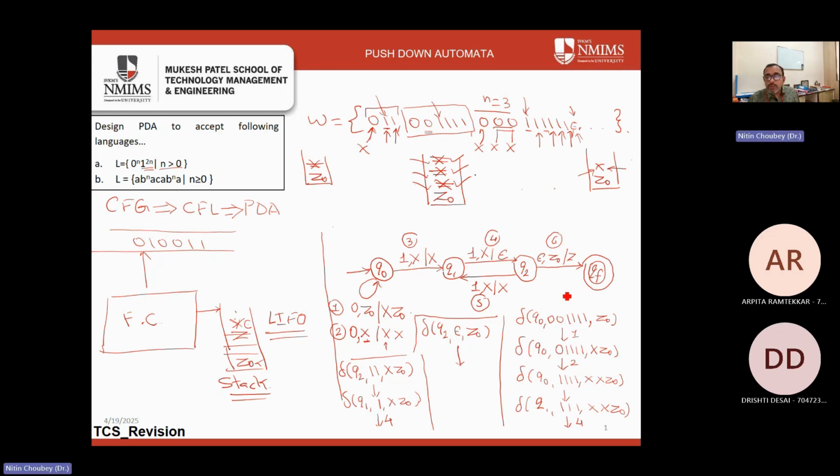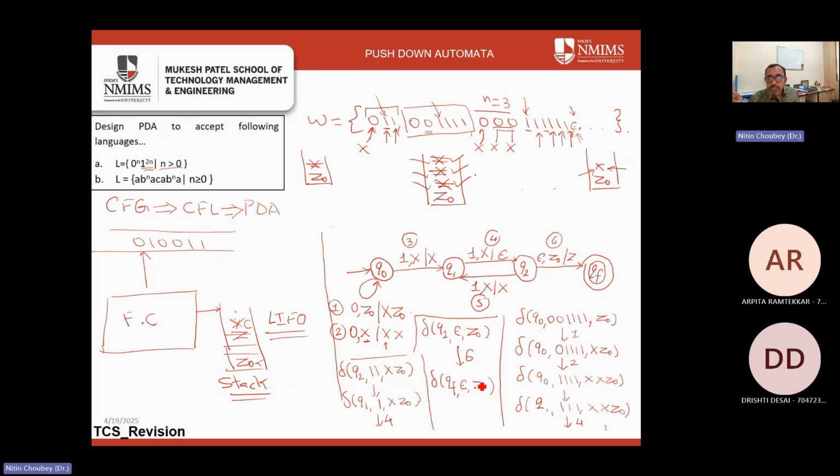Q2, epsilon, Z0 matches with rule number 6. So rule number 6 gets matched here. So what we have is QF as a final state, epsilon, because all inputs from the input string have been consumed already. Stack top is Z0.